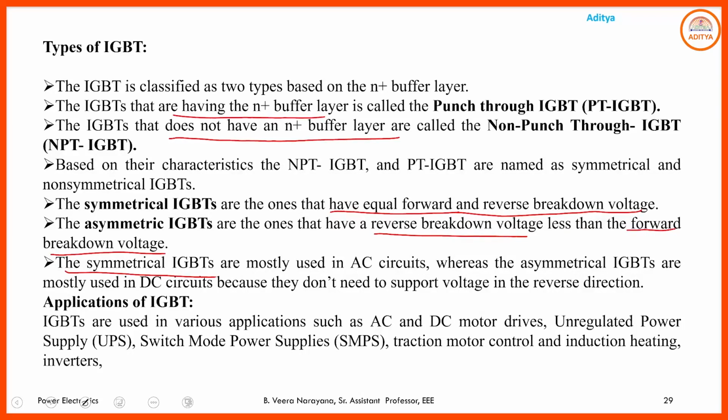The symmetrical IGBTs are mostly used in AC circuits, whereas the asymmetrical IGBTs are used in DC circuits. Like in phase control rectifiers, if you have an AC source as the input, we prefer the symmetrical IGBTs, and if you have DC circuits as the input, we prefer the asymmetrical IGBTs.